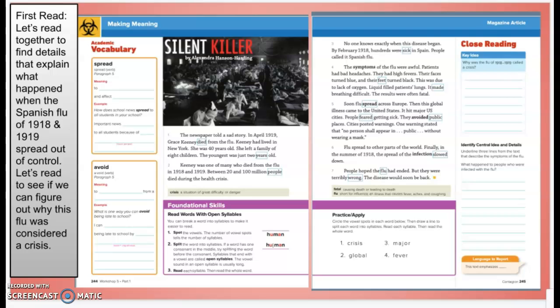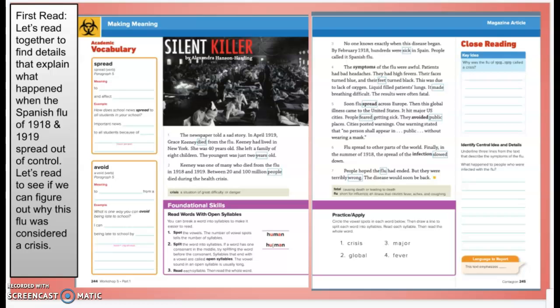So based on that, specifically probably in paragraph 2, paragraph 4, paragraph 5, those paragraphs would have some information, so you can answer the key idea on page 245. Why was the flu of 1918-1919 called a crisis? And remember, we said the word crisis is a situation of great danger to people. It's of danger to their health.